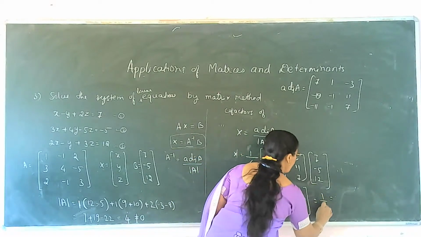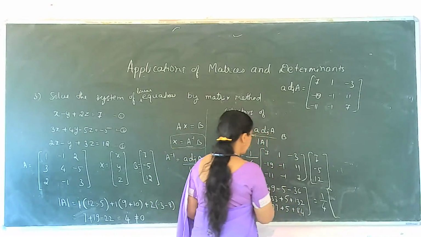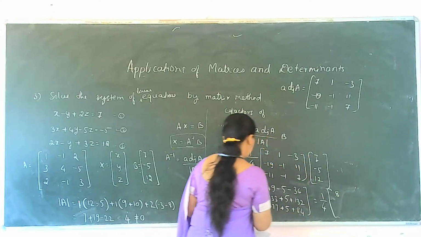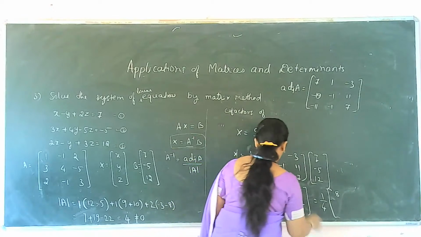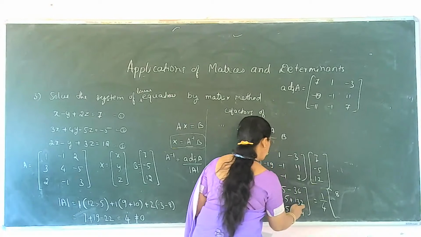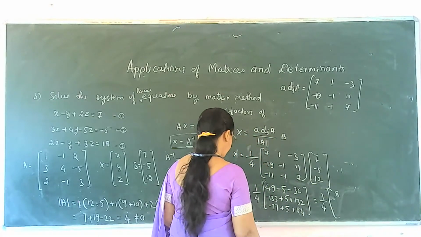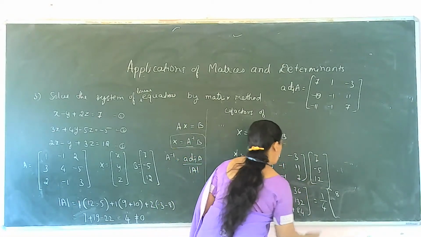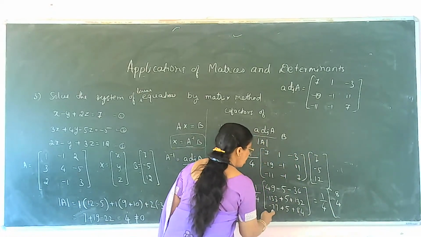We get 1 by 4 into 49 minus 5 minus 36, which is equal to 8. Then minus 133 plus 5 plus 132, which is equal to minus 133 plus 137, that is 4. Here minus 1 is there, 5 minus 1 is 4.